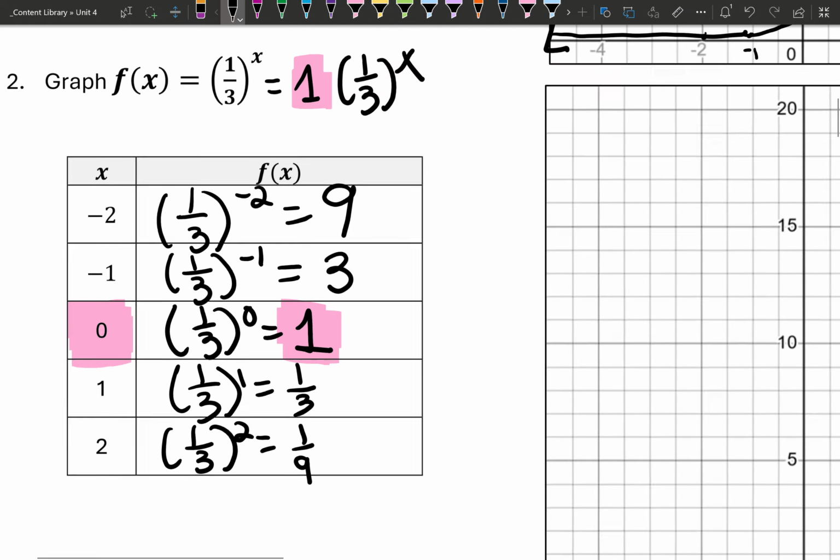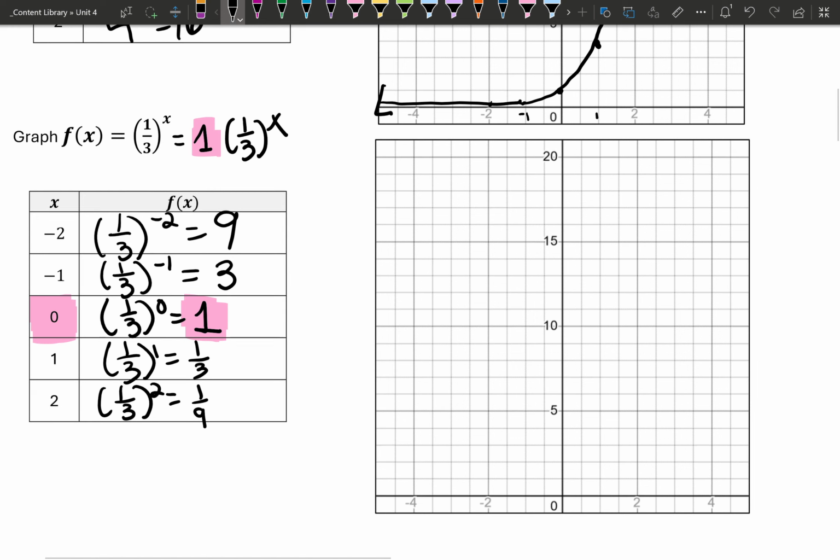Let's graph it and see what that looks like. -2, 9. -1, 3. 0, 1. 1, 1/3. 2, 1/9. We're going to connect that with a nice little swoop and flatten it out here.